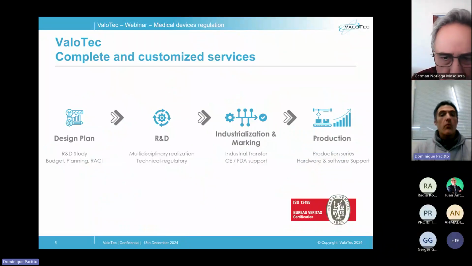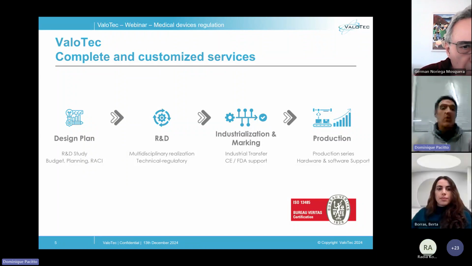We worked on more than 300 projects with all maturity levels, from the idea to the production, but most of the time we complement our customers' team to perform some engineering tasks. And in addition, being ISO 13485 and ISO 9001 certified, we can produce pre-series and small series of devices.